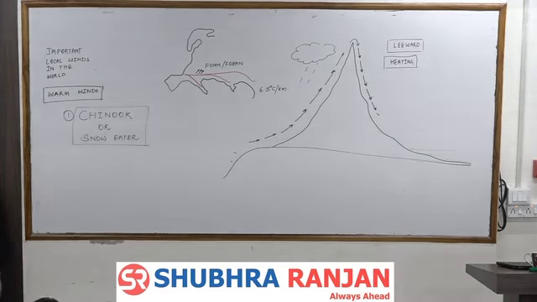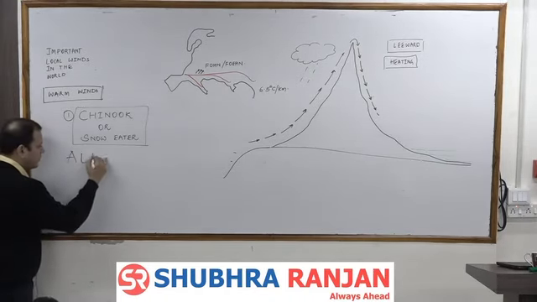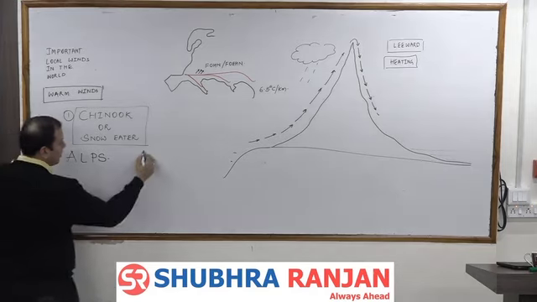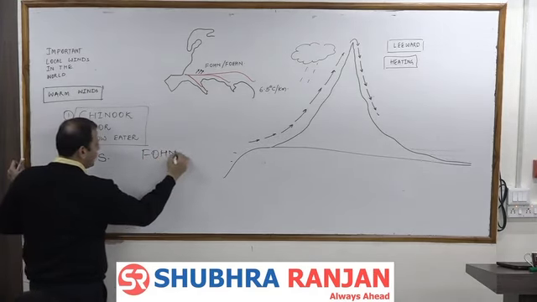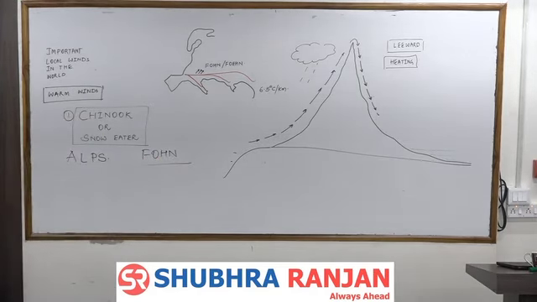Northern slope of the Alps, Alpine mountains, is known as faun or fohn, जो भी लिखना है spelling is known as faun. So faun भी क्या है? Warm wind. Fine. Importance of faun.